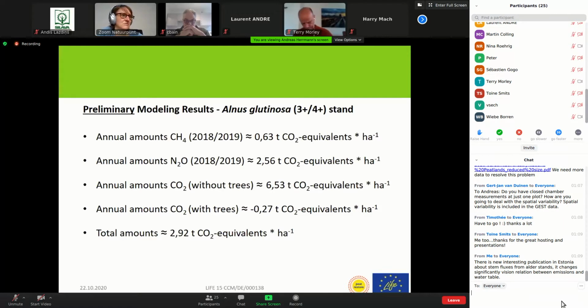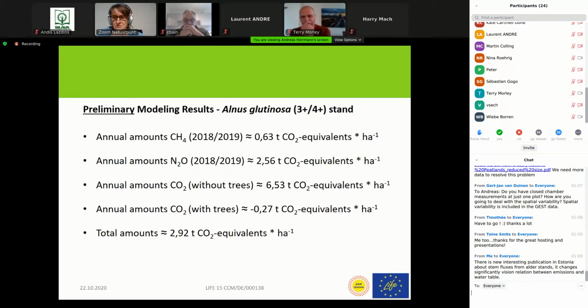Normally we have 5 to 6 plots per site to get a good overview of the heterogeneity of the sites. But again, we have 11 big sites, 5,300 hectares in different countries, and we have only one site to measure. So it is like it is.